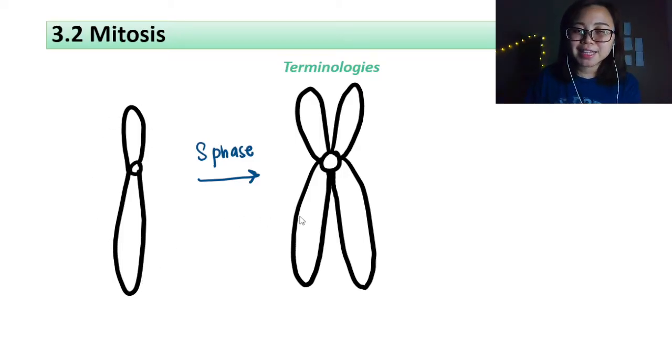Okay, the replicated DNA contains the same genetic information as the original.